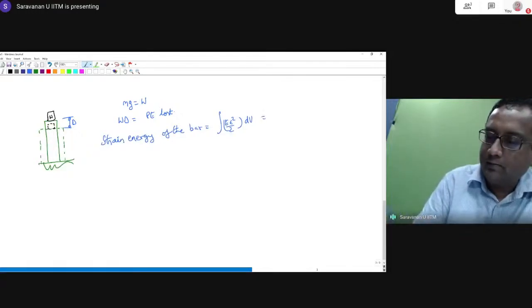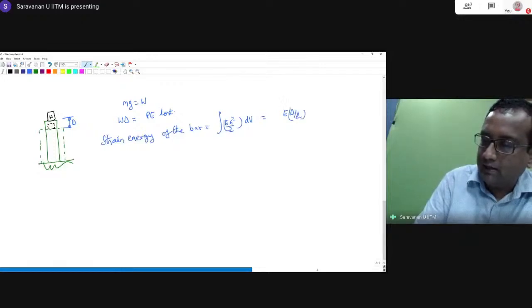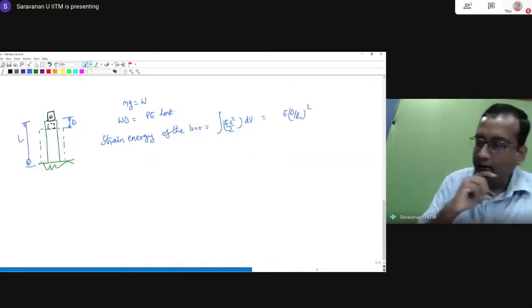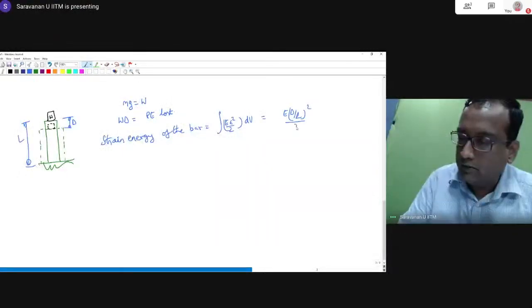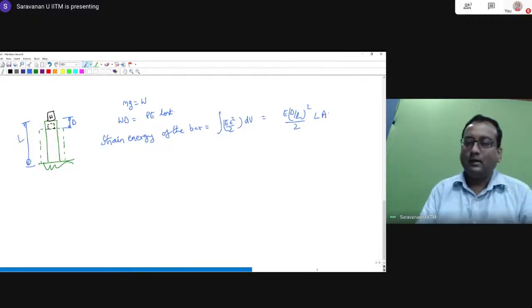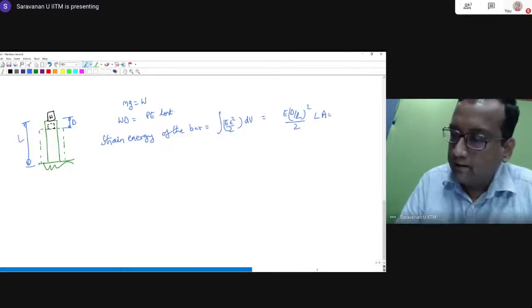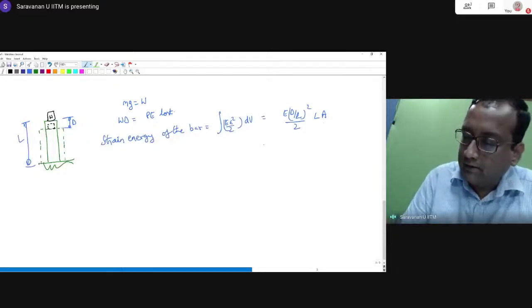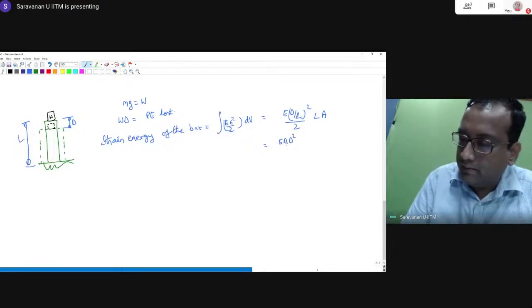So that will be E times delta by L, which is epsilon, where the initial length of the bar was L. Delta by L squared by 2, times L into the cross-sectional area, is the total strain energy of the bar. That will be EA delta squared by 2L.